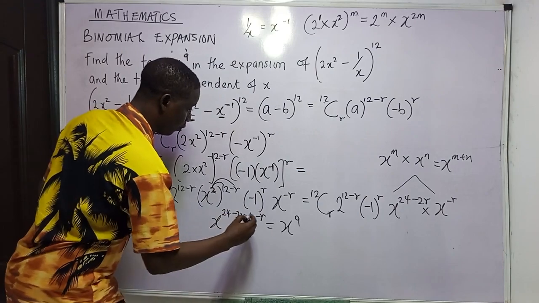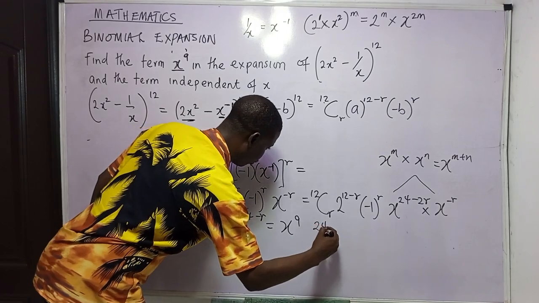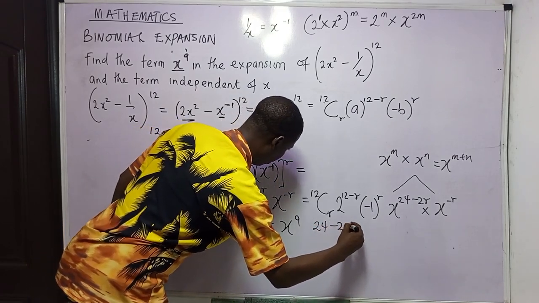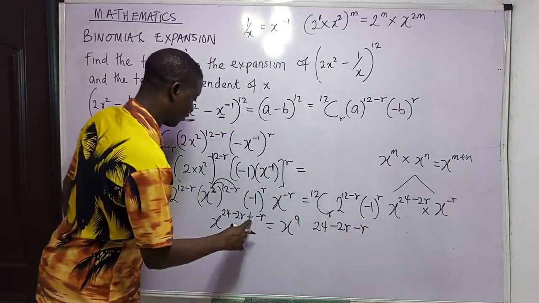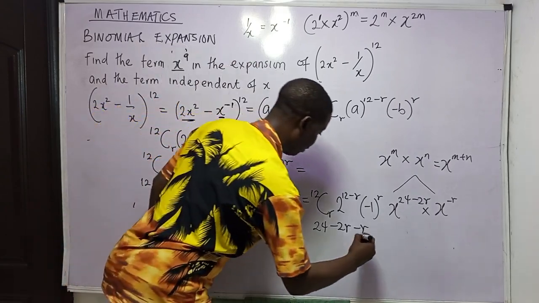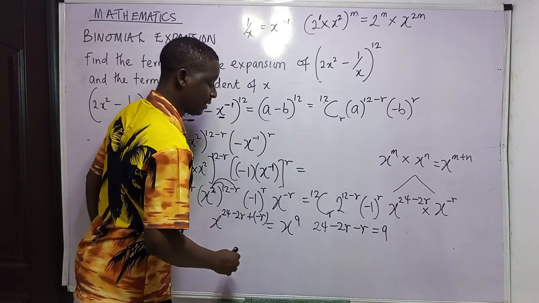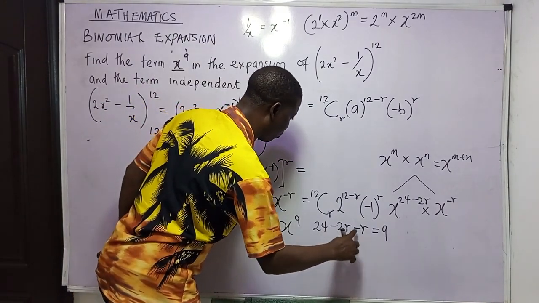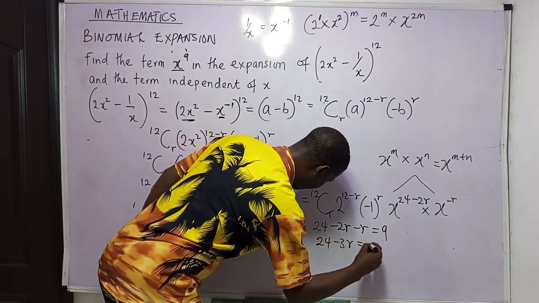So this one will not work. It implies that since their bases are not equal, we work with the powers: 24 minus 2r minus r, plus times minus is minus, then equal to 9. So how do we get our r? Minus 2r minus r will give us minus 3r equals 9.